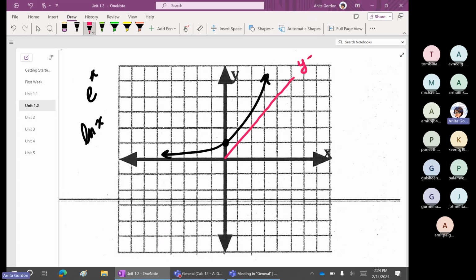Here is my y equals x. When I have the inverse of this, in order to graph the ln function, I have to reflect it over the diagonal. So my key point of 0, 1 is now going to be here at 1, 0. And this graph is going to go like this.